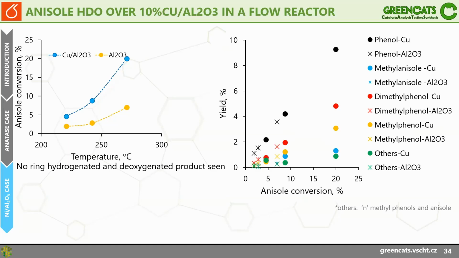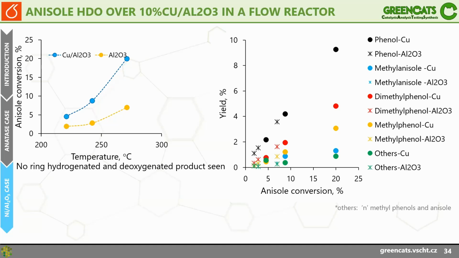So we have run the test that we kept in the flow reactor at constant conditions, and while we see a rather fast decline in the conversion when operating this reaction only with alumina as a catalyst, in case we have copper on alumina, the decline is much slower.